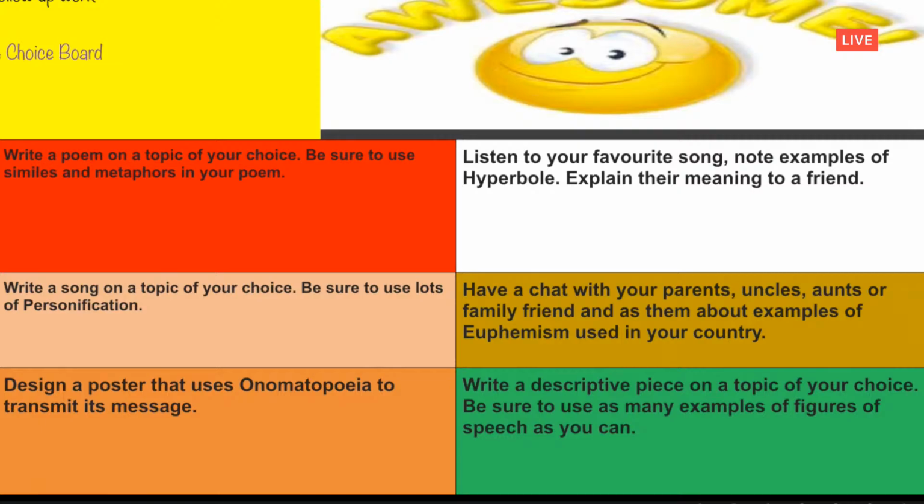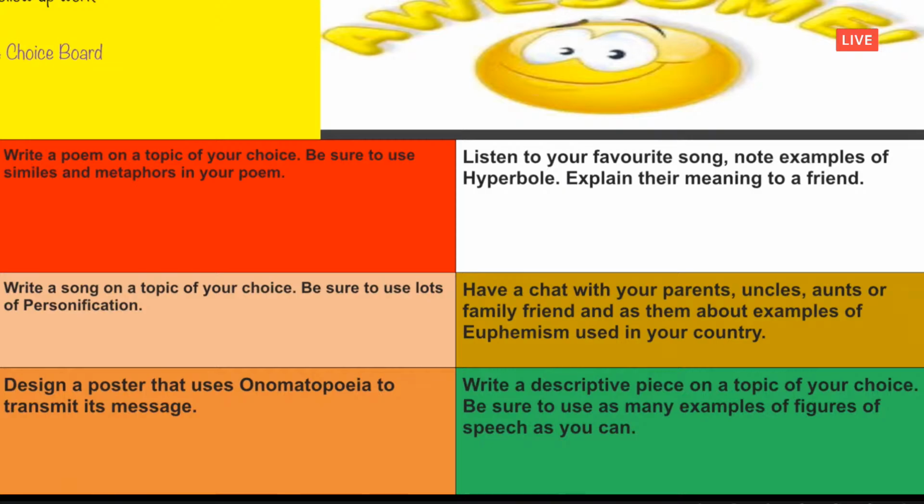Next one. This is a biggie. Write a descriptive piece on the topic of your choice. Be sure to use as many examples of figures of speech as you can. Let me push you into it.